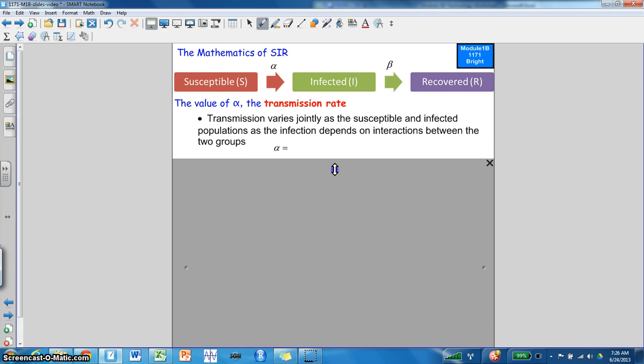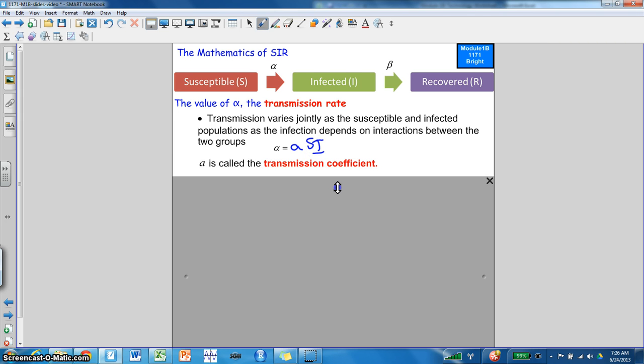So using our definition of joint variation, this is equal to a S I, and a here we call the transmission coefficient.